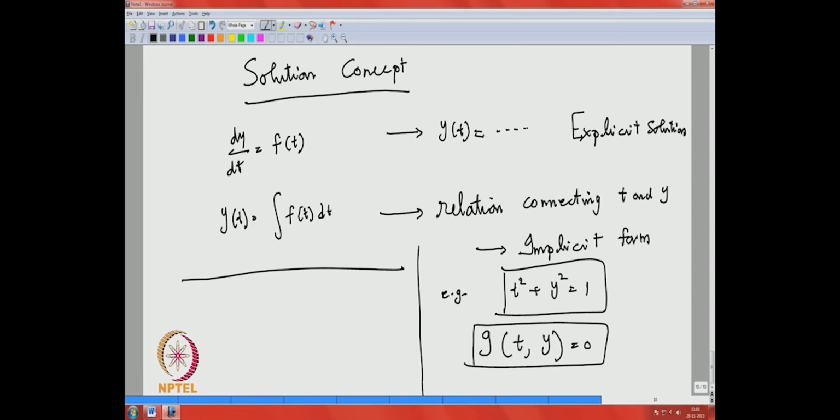Engineers and scientists who work on these problems want solutions, and if you are unable to provide them in explicit or implicit form, you can't stop there. You have to tell them that you can do something else, and that is one of the major aims of this course. Our university syllabus is essentially restricted to these two aspects, and our aim in this course is to go beyond this.